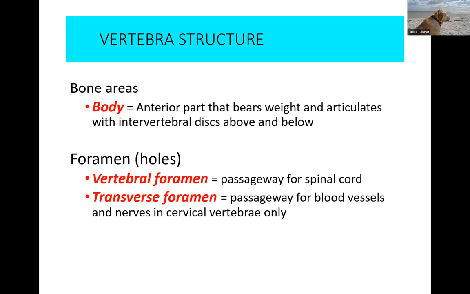We have foramen, as we know. They are passageways. We have the vertebral foramen, which is the passageway for the spinal cord, and transverse foramen, passageway for blood vessels and nerves, found in cervical vertebrae only.